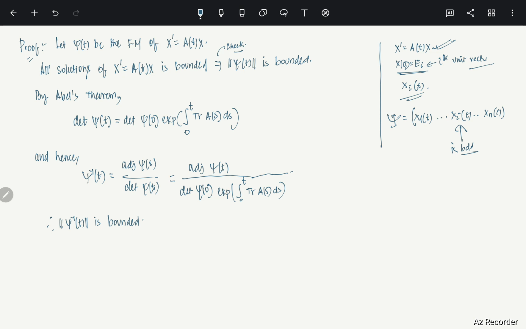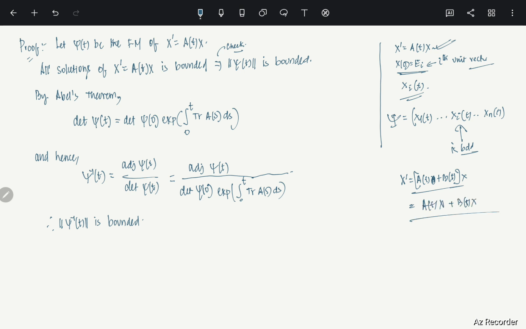Now, you see this equation, x prime equals A(t) times x plus b(t). You can write it as A(t) times x plus B(t) times x.